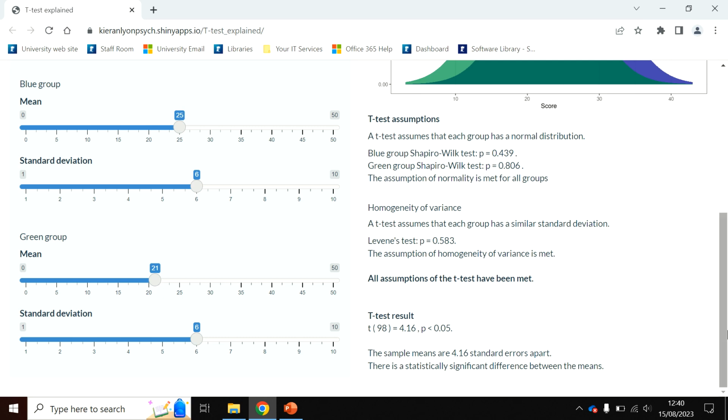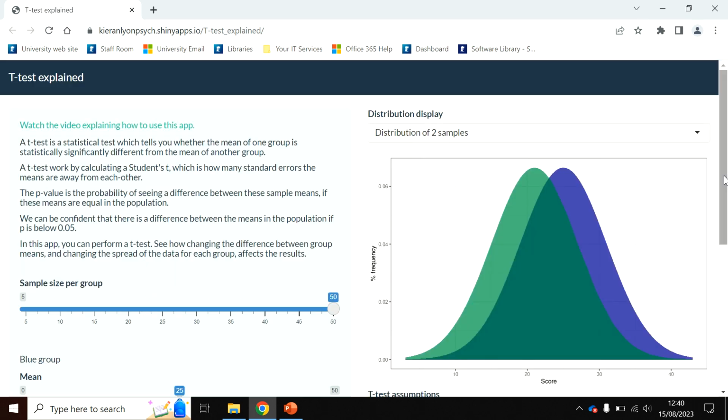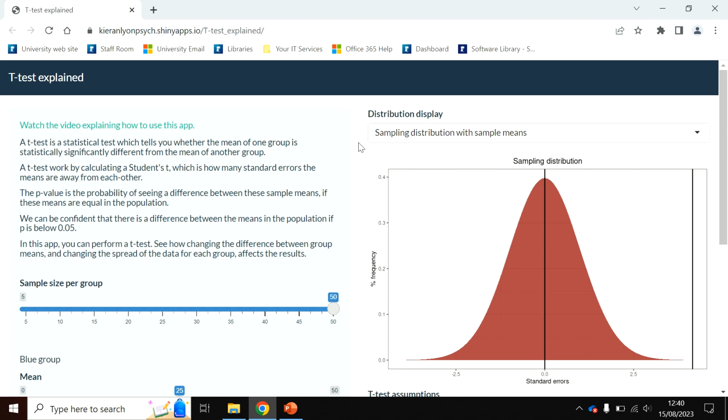Now, if you want to learn about that in a little bit more detail, what we can do in this app is we can also see what's going on behind the scenes in the t-test. So if you go up here for the distribution display, you can actually see the sampling distribution.